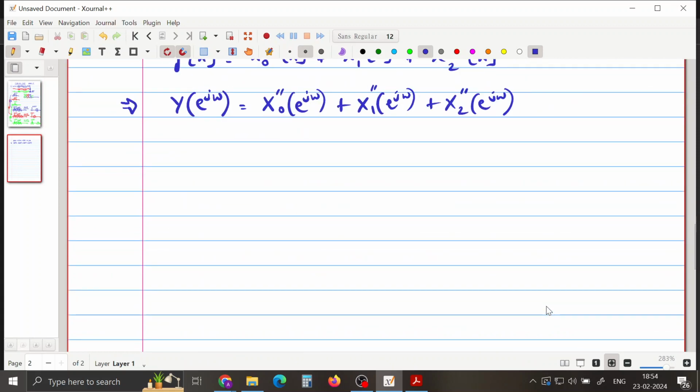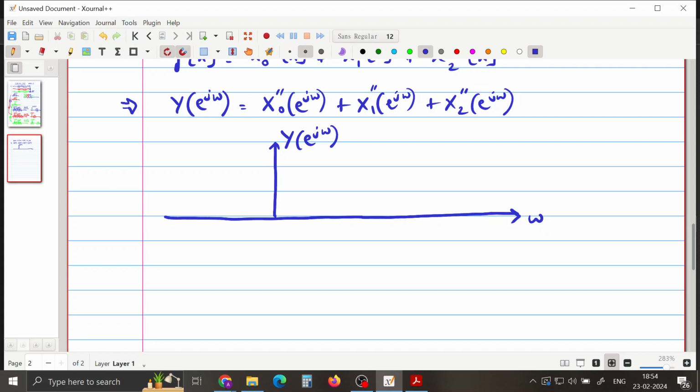So once you add it, you will get something like this, and this is only from 0 to 2 pi I have drawn. We know that DTFT is basically periodic with period 2 pi, so it repeats after every 2 pi. So this is omega, this is y of e power j omega, the spectrum which we want.